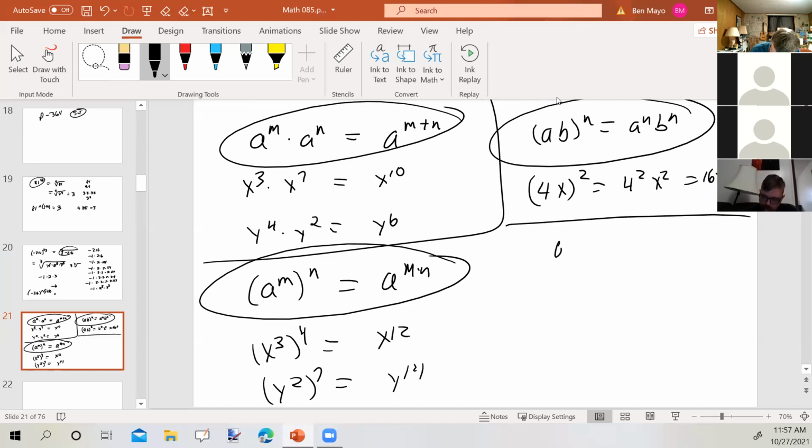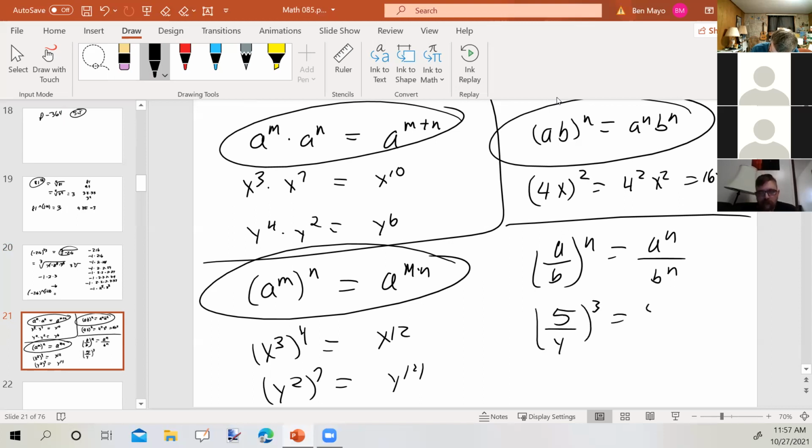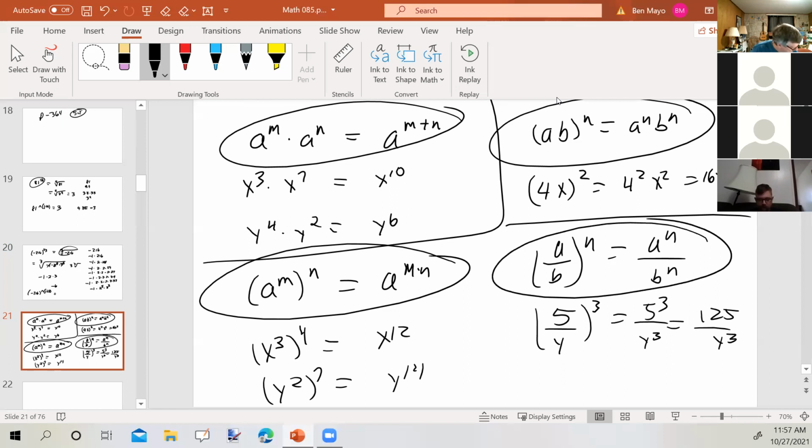And if you've got a quotient raised to a power, you attach the power to both the numerator and denominator of the quotient. So like if I've got 5 over y, the quantity cubed, that's 5 cubed over y cubed, or 125 over y cubed. So there's 4 rules.